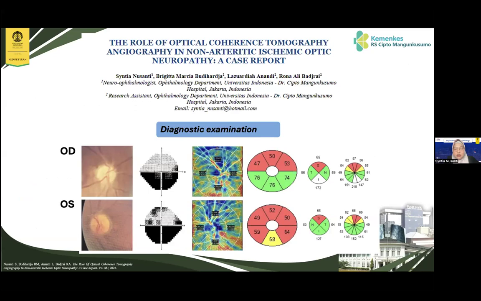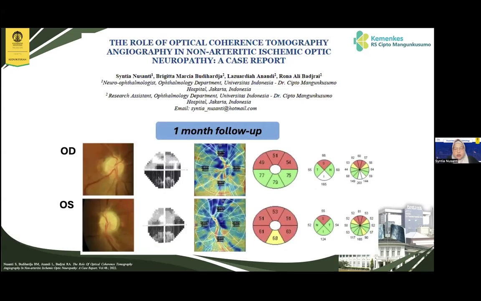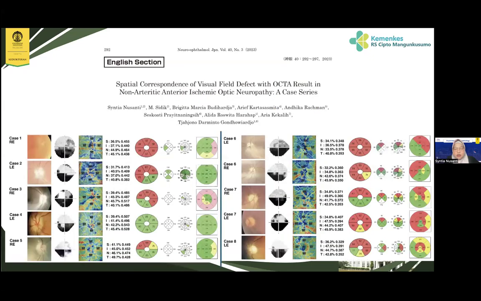So I think this patient is not a static one, but one that continues to regress in the optic nerve. We also try to see the spatial correspondence of visual field defect with OCTA results in non-arteritic cases.